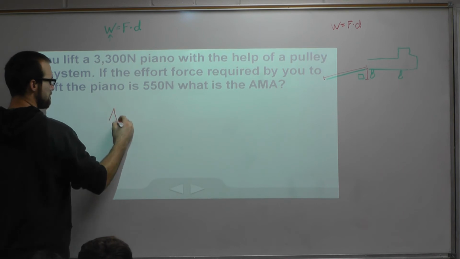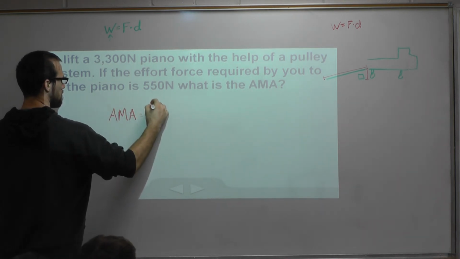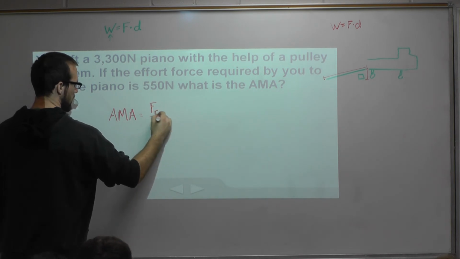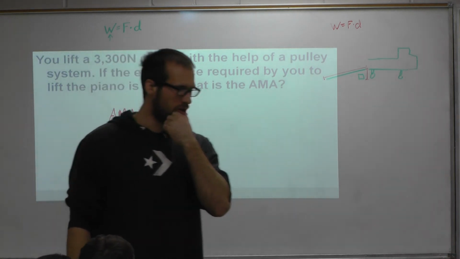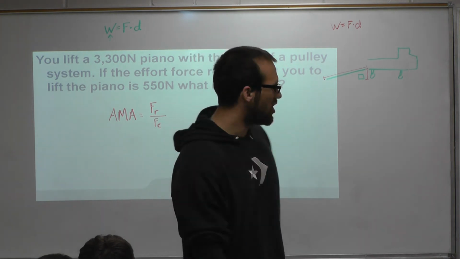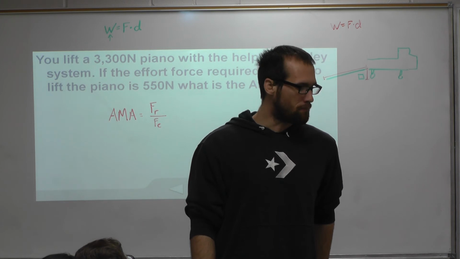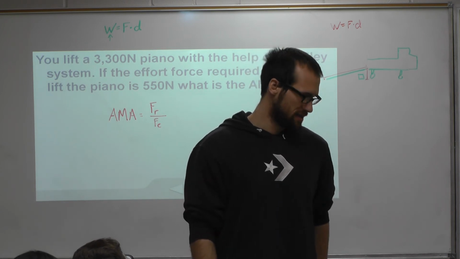They want AMA, right? I'll just say FR over FE. Now they said in the equation just below, they said FR is the weight. All right, if I have a box and I want to lift it, don't I have to apply a force equal to the weight to lift it?